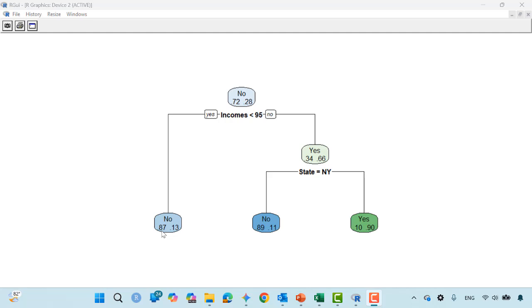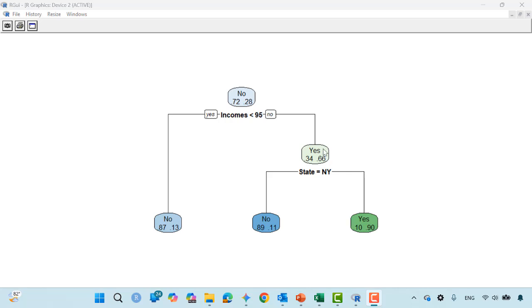Let me give you another example. Let's say we have a customer, he's making 200K, suppose, right? Who can make 200K? That will be great. And then he's from West Virginia. Since he's making 200K, the answer to income less than 95K is a no. He will be classified to the right side of the tree, into the internal node first.